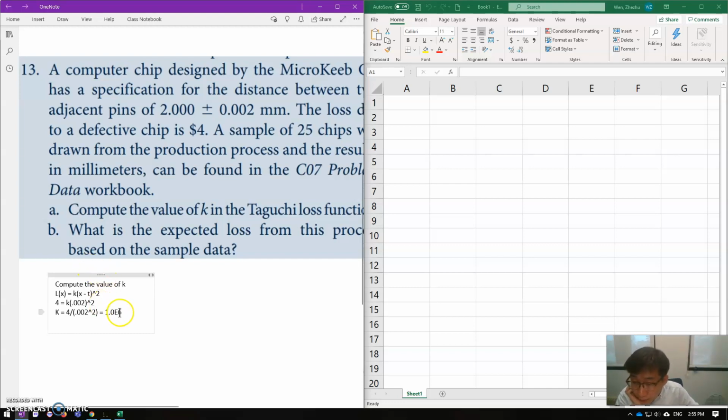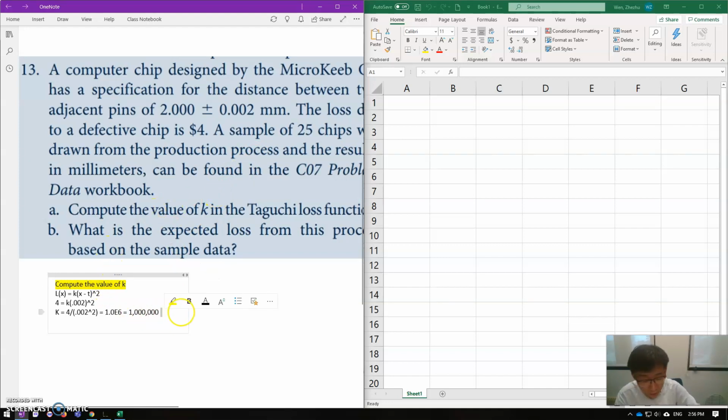I don't really like this, so it's written in the form of what? Yes, this is actually 1 million. This is moving the decimal point 6 places forward, and it has turned to 1 million. So K here equals 1 million. This is a cost constant.